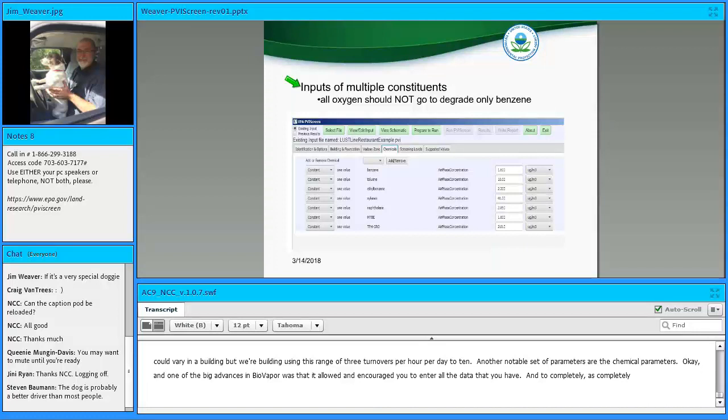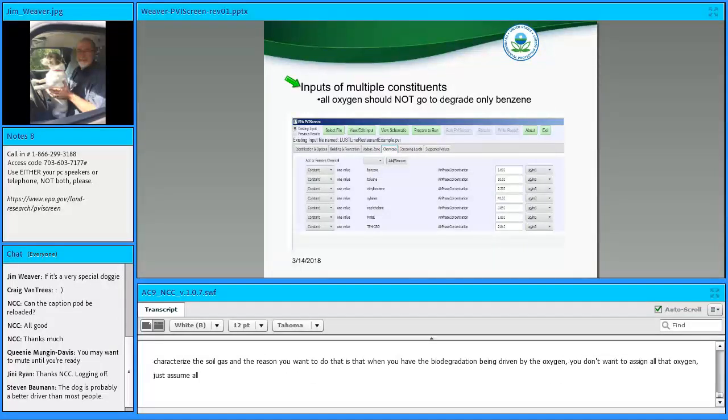The reason you want to do that is that when you have the biodegradation being driven by the oxygen, you don't want to assume all that oxygen goes to benzene, because then you're going to overestimate biodegradation. The amount that's going to the benzene is only a fraction of the total, because it's also going to these other constituents that also exert a demand for the oxygen.